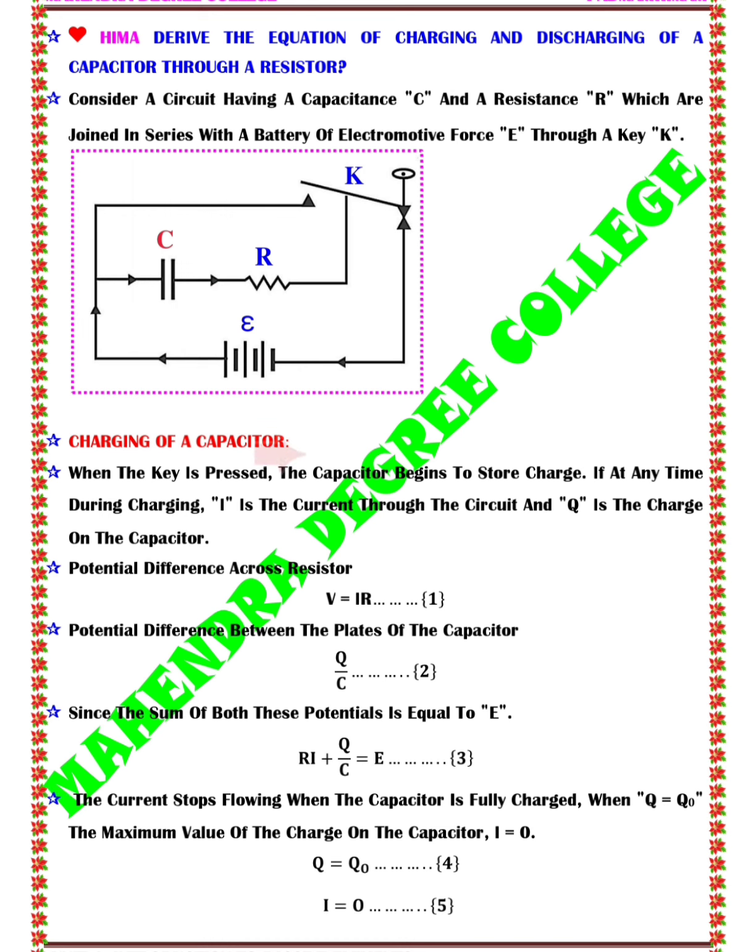So, Q equals Q naught. This is equation number 4. I equals 0. This is equation number 5. This represents the steady state of a charging capacitor in a DC circuit.